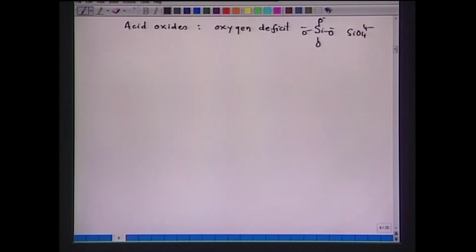So, remember, acidic oxides are oxygen deficits, that means they require additional ions to form complex ions. You will understand better when I talk about basic oxides.